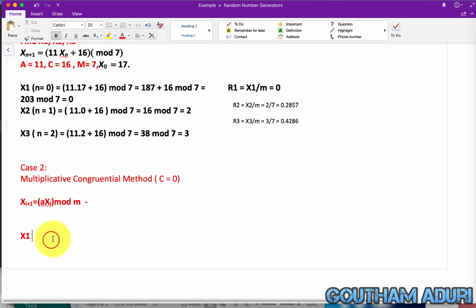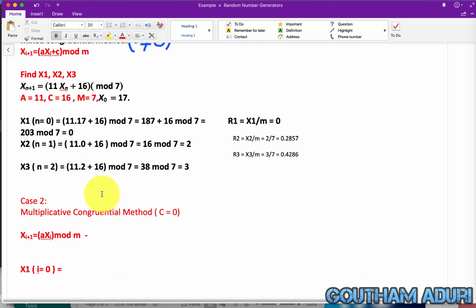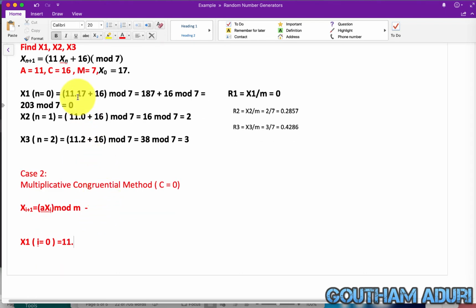So here, to calculate x1, n is equal to 0, because you are just putting the value for n. So A is 11 into x0. The initial value x0 is 17, mod m.